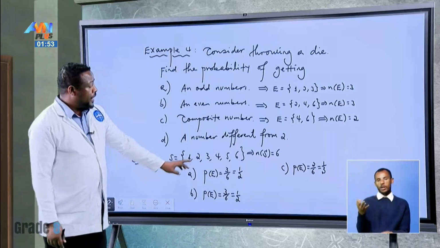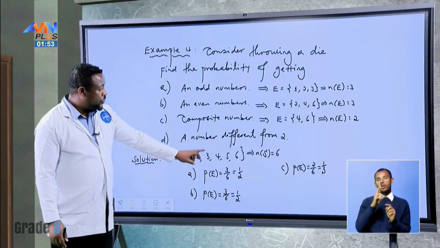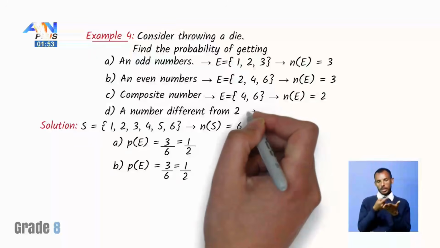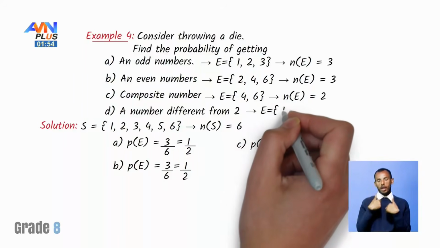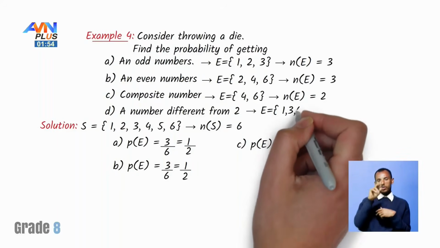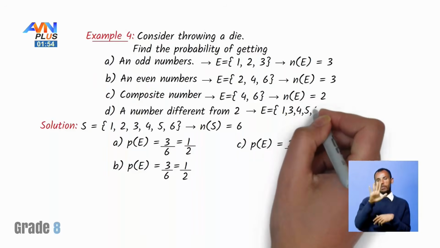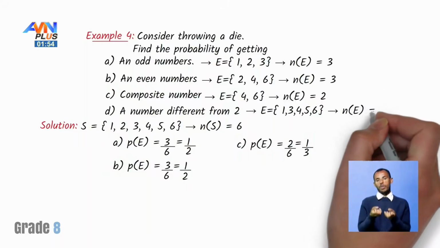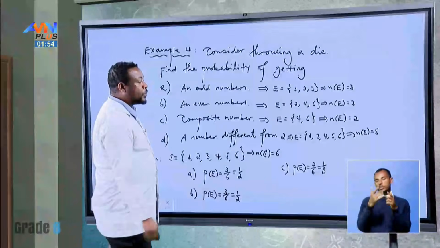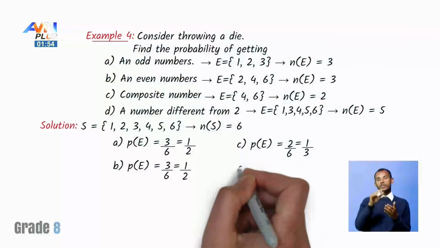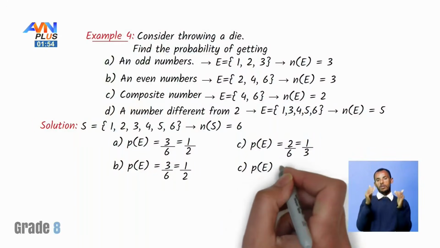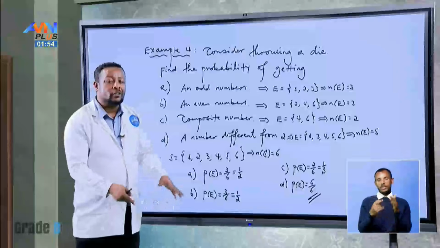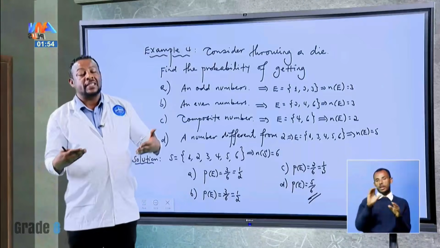The numbers different from 2 are 1, 3, 4, 5, 6. So the cardinal number of this set is 5. Therefore, the probability of such event is equal to 5 over 6. Always in the denominator, you need to put the cardinal number of the sample space.